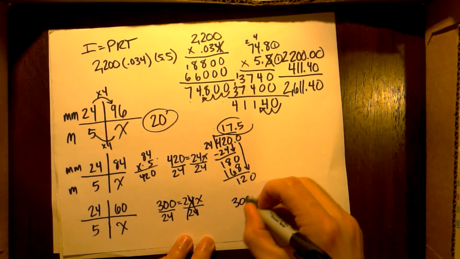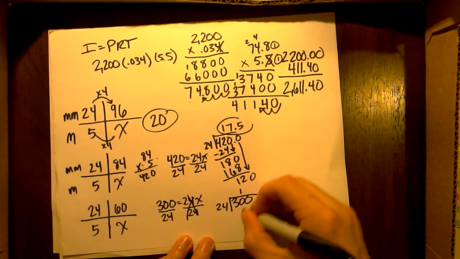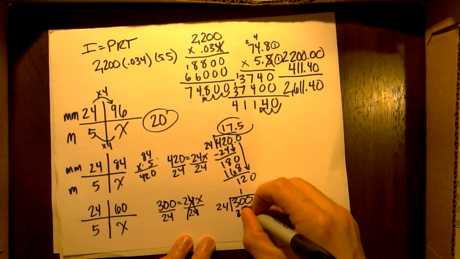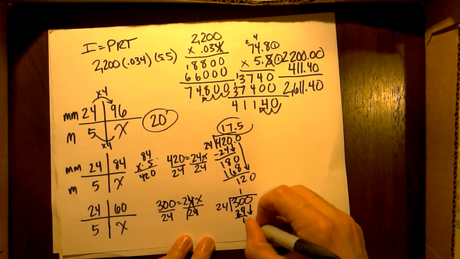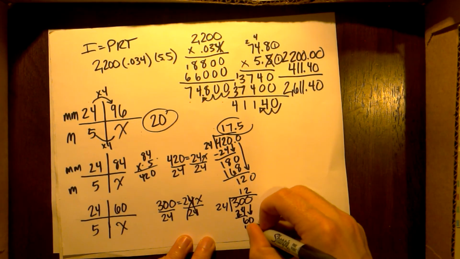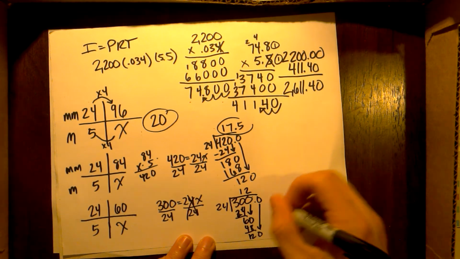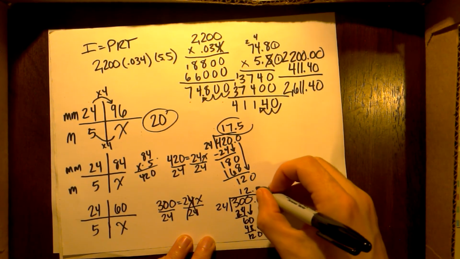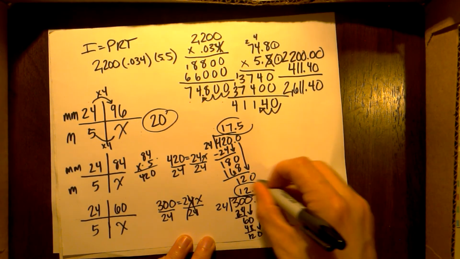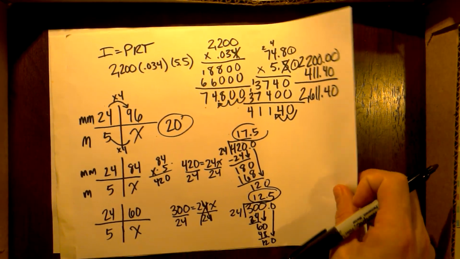So we got 300 divided by 24. 24 goes into 30 one time. 6 left over. 24 goes into 60 2 times, 48. 12 left over, add a decimal and a 0. And 24 goes into 120 5 times. There's my third answer. All right, we're done with problem 27.